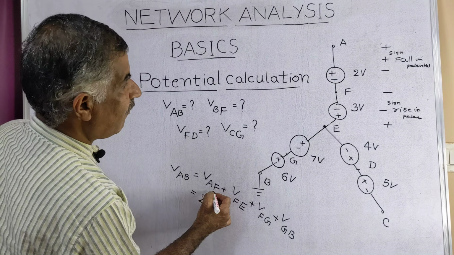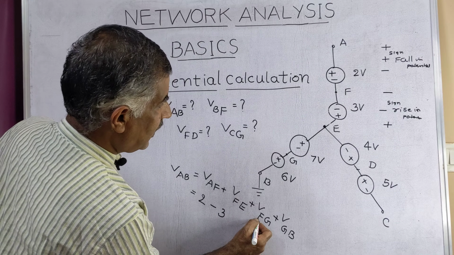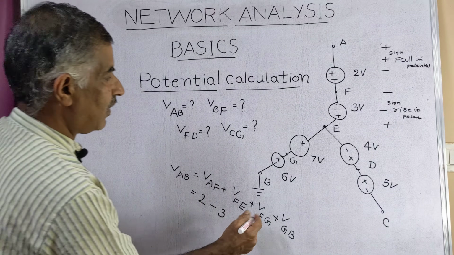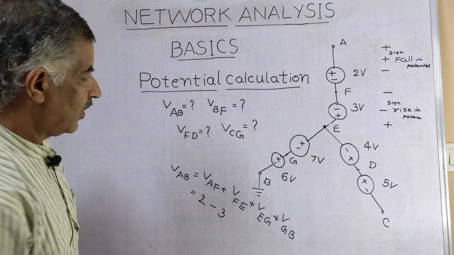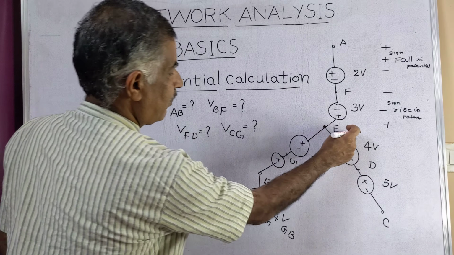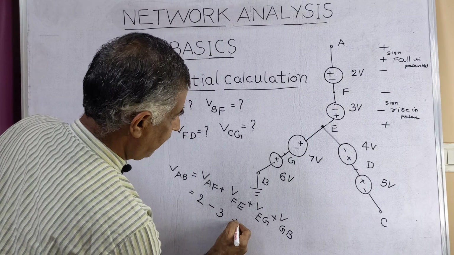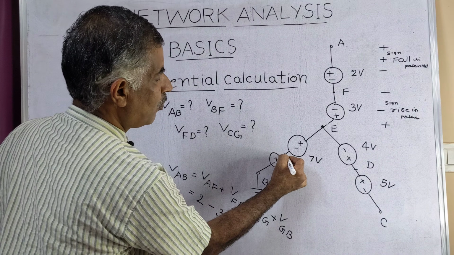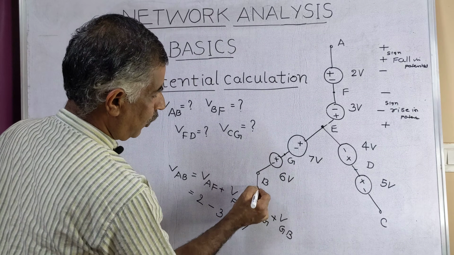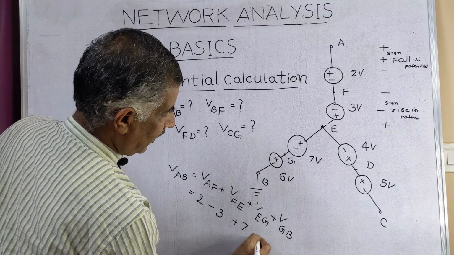So VAF, VFE, VEG, next VGB. Now VEG, plus to minus, fall in potential, take with plus sign. Next, G to B, that is ground to ground, fall in potential, take with plus sign, plus 6.